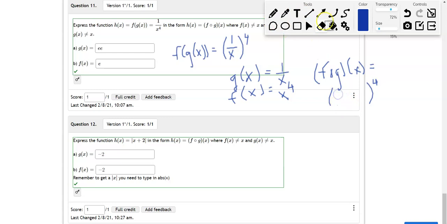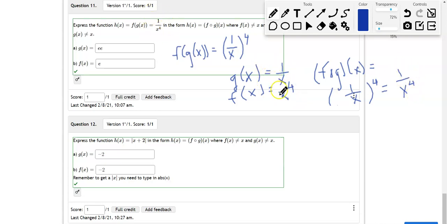Yeah, there we go. All right, and then we plopped g into the parentheses. And of course, if I use my law of exponents, 1 to the fourth is 1, and x to the fourth is x to the fourth. So notice that these two, when we compose them together, do give us that function right there.